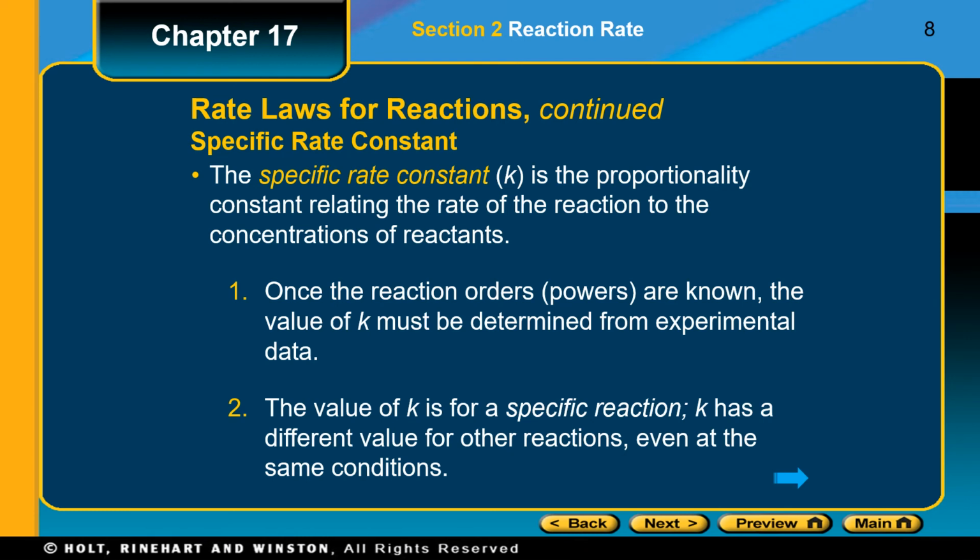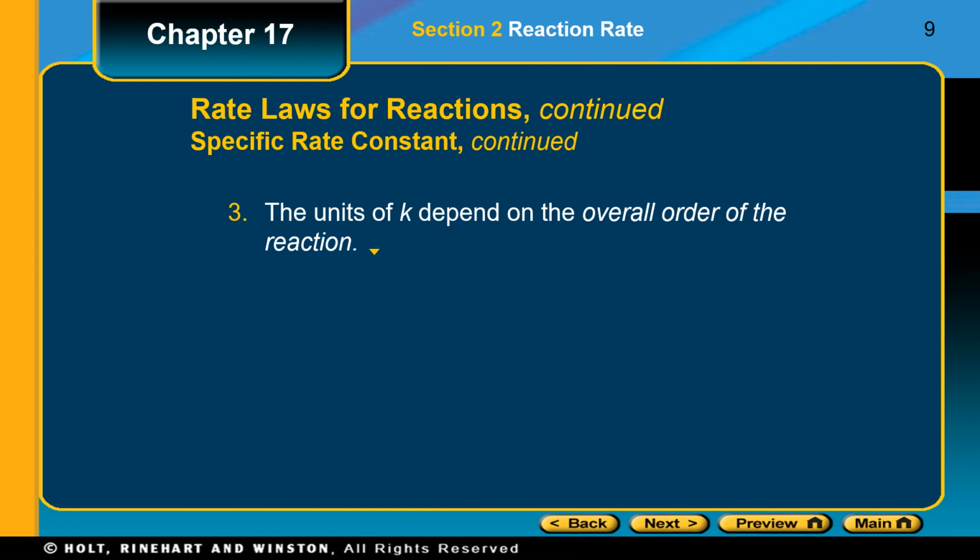As we've said, it doesn't fit any other reaction, even if those reactions take place under the same conditions. It does not work. So each one's very unique. Now the units of K are not always the same.